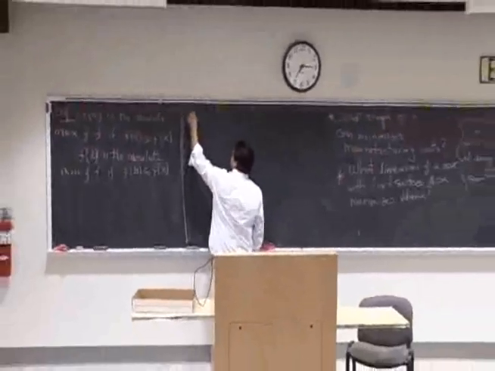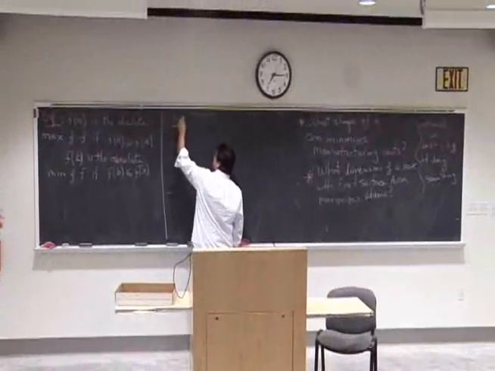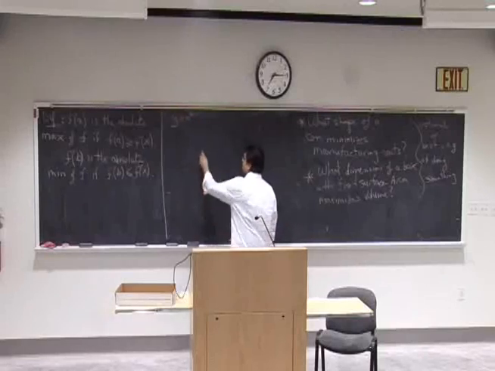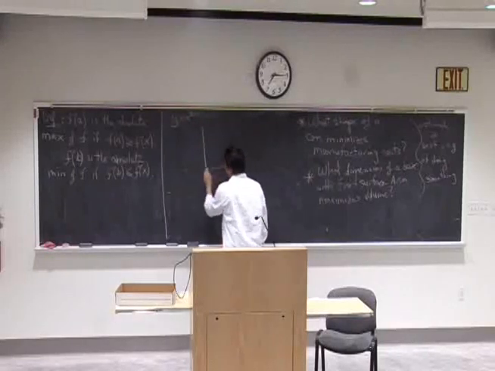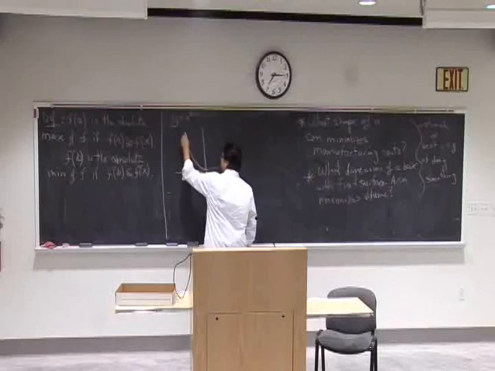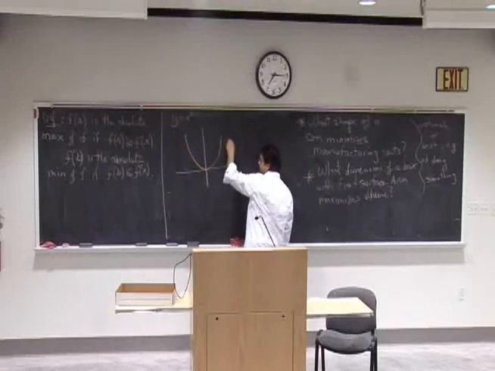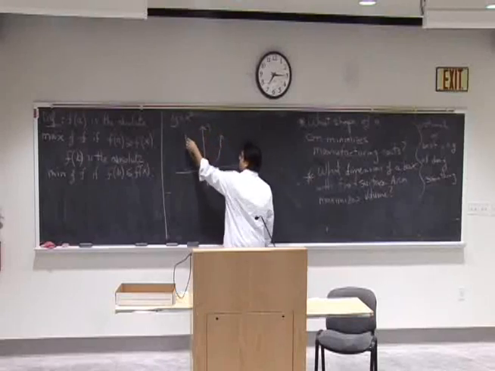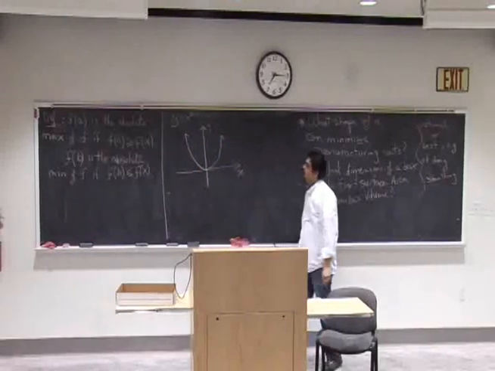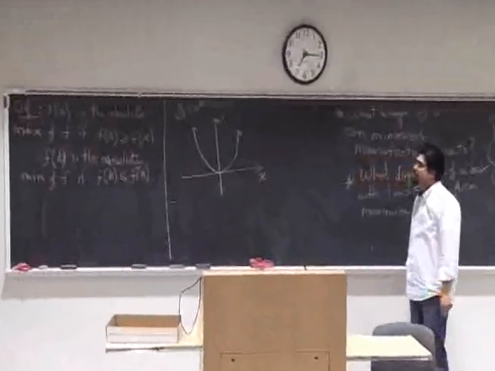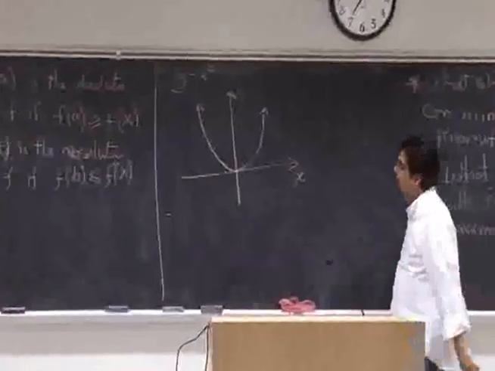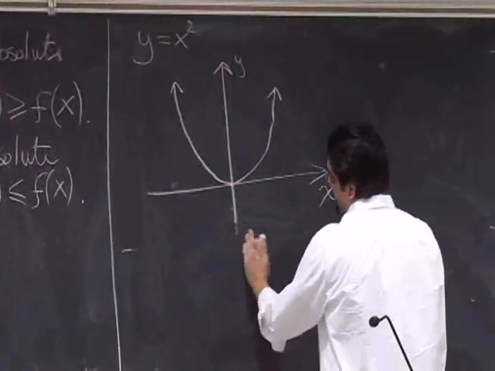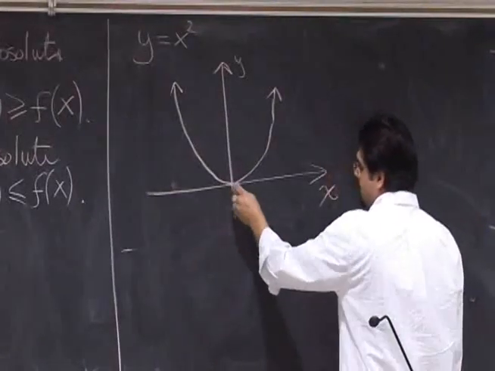So if we consider the function y equals x squared, okay, the graph of that is a parabola, concave up, with its vertex at the origin. Okay, and if I don't specify the domain of a function, then we're going to assume the largest domain possible. So according to our diagram here, where is the absolute minimum? (0, 0).